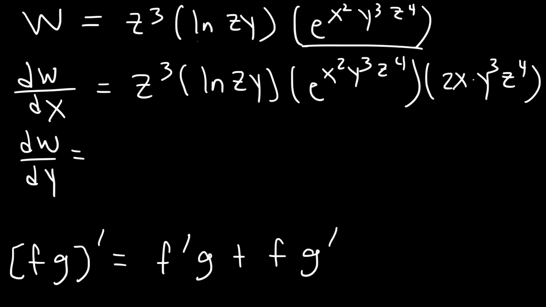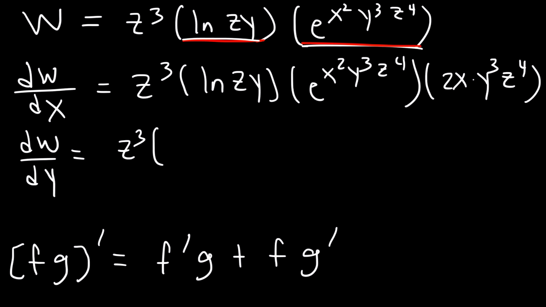So the first part is this part, because that's the first time the variable shows up, and this is the second part, and that's just a constant. So we can rewrite the constant, z to the third, and then let's differentiate the first part, ln zy. The derivative of ln u is u prime over u.